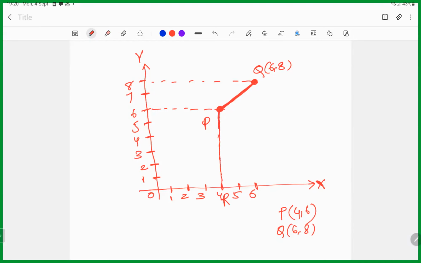This is PR. Also, let's draw QS, meaning dropping a perpendicular. This is QS.